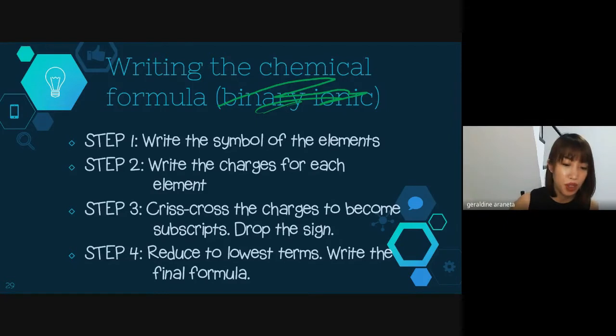Alright, let us proceed. After writing the symbol, you write the charges for each element. Step 3 is crisscross the charges to become subscripts. Then you have to drop the sign because it is not important. Step 4, reduce to lowest terms and write the final formula.